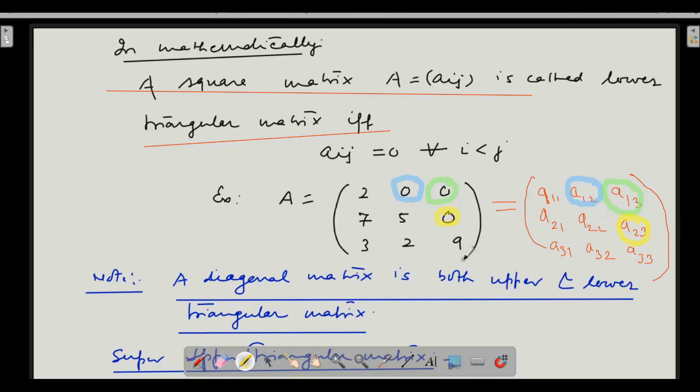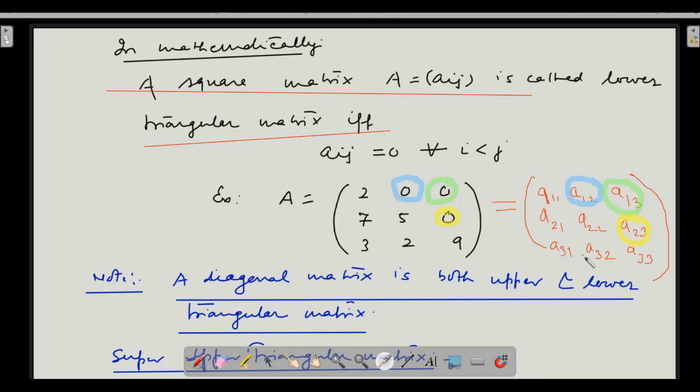So have a look. i is smaller than j for these elements. Such elements where i is smaller than j are equal to 0. So you can have a look, these three elements are equal to 0 because over here i is smaller than j.